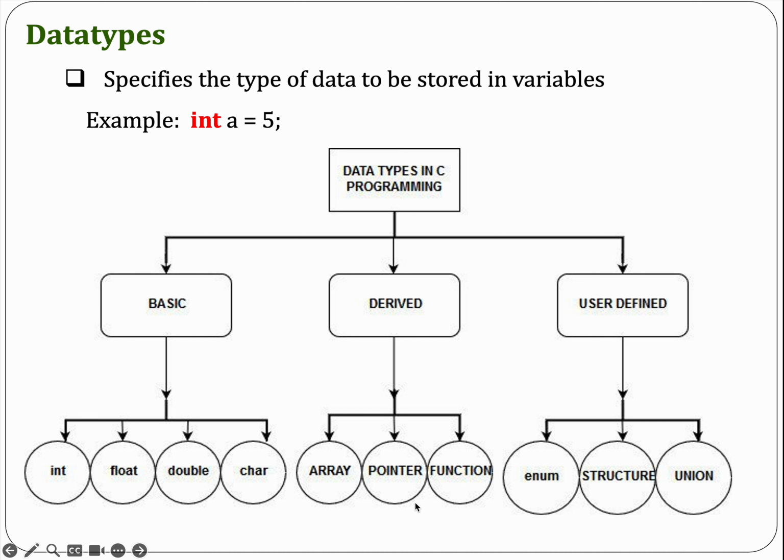As of now you don't have any clue what the derived data types are, but let us get to know them. And with user defined data types, the programmer can create their own data type. Enum, followed by structure, and then union, all those are called user defined data types.